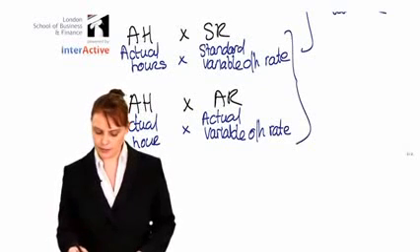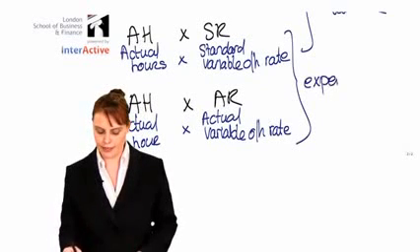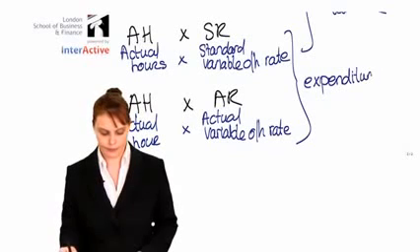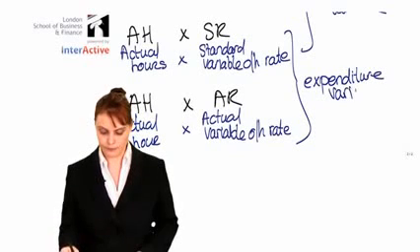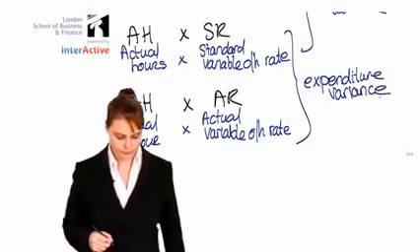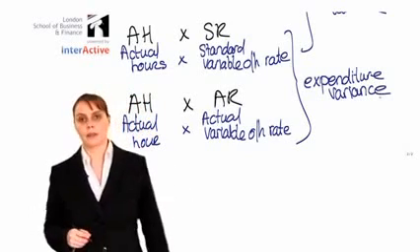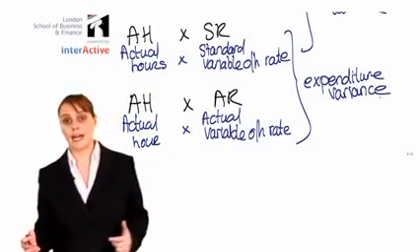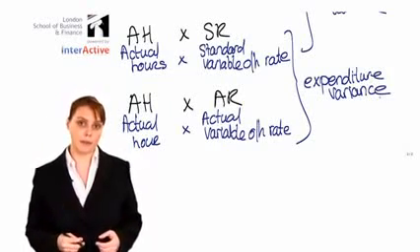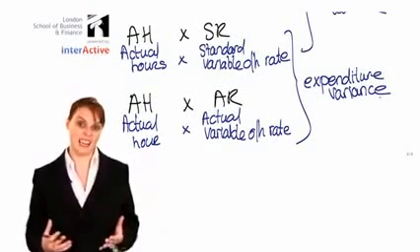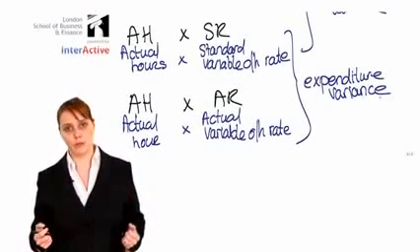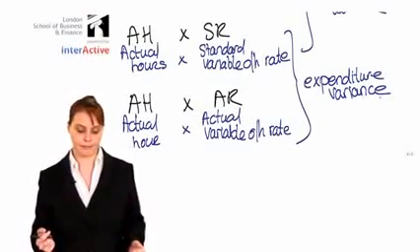Comparing these two things will give us our expenditure variance. So again, what we'll do next then is have a look at an example to see how we actually calculate our variable overhead variances.